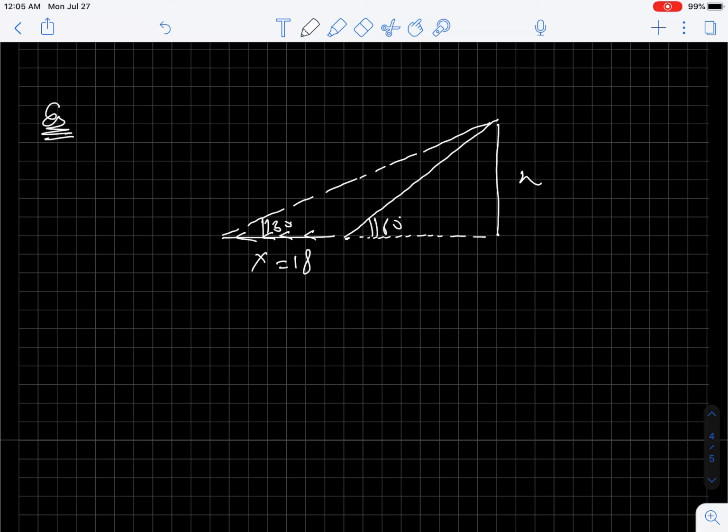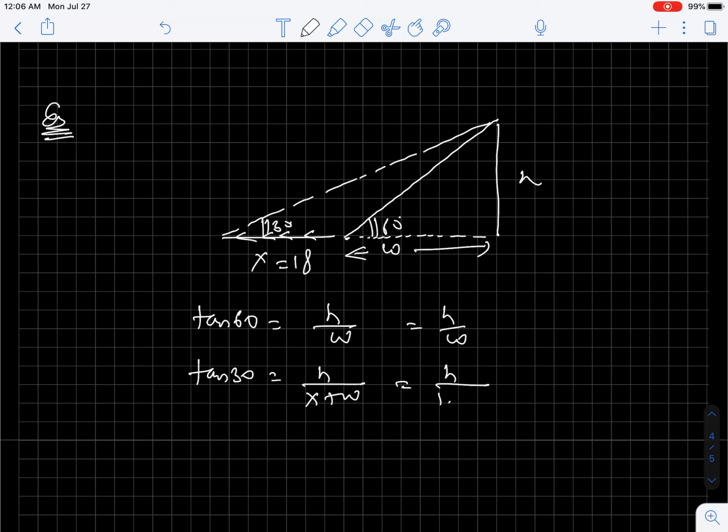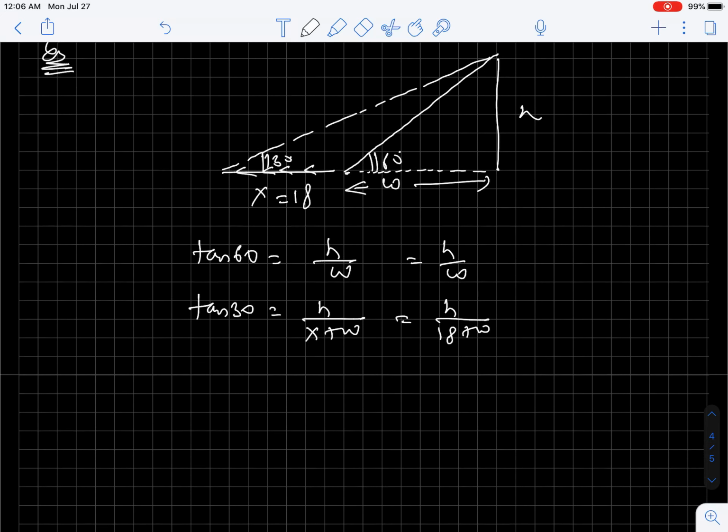Now you will have to find the height of the tree and the width of the river. Finding the height of the tree is the same Al-Biruni problem, and now you also have to find the width of the river. Simple, apply tan two times. Tan 60 is equal to h divided by width, tan 30 is equal to h divided by x plus width. Now h by w, and x is 18, so 18 plus w.